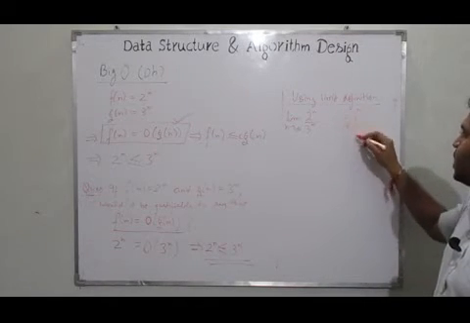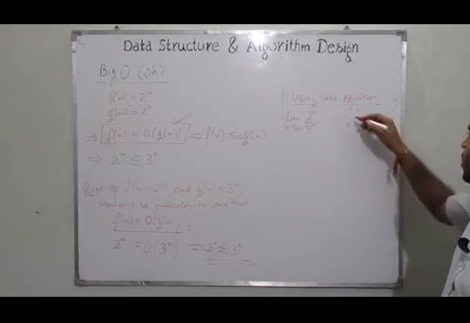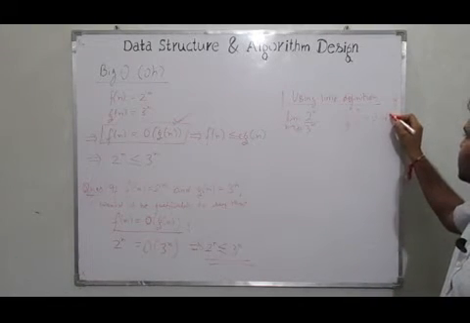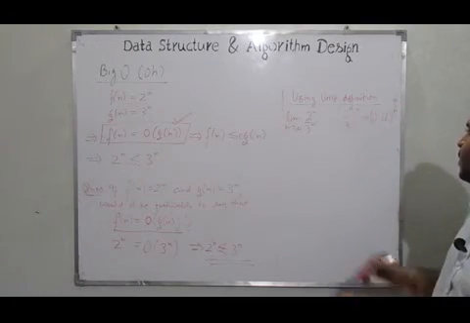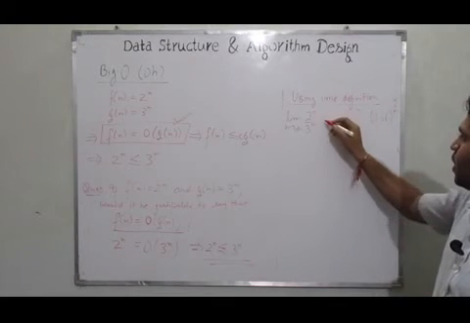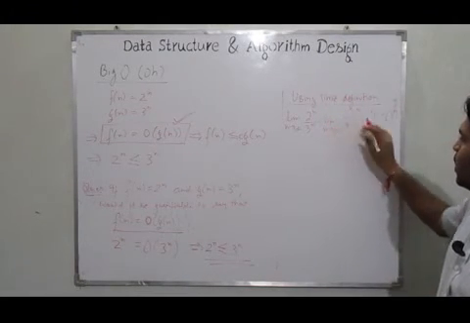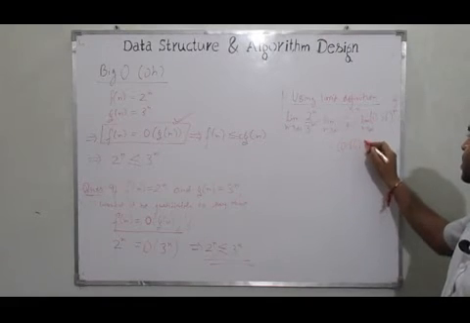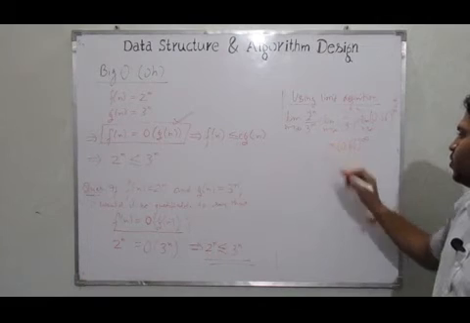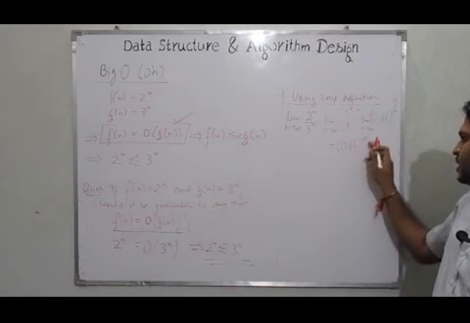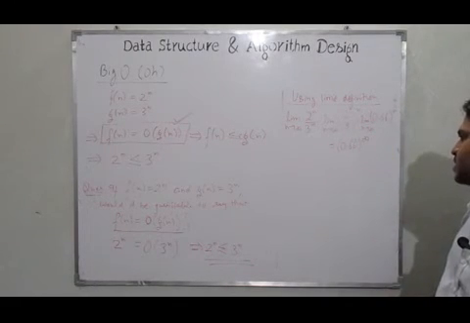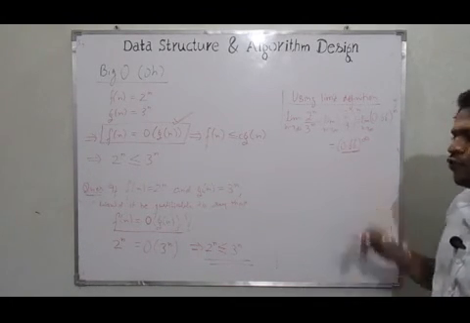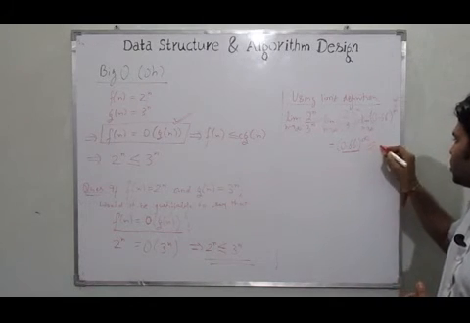And 2 by 3, if we solve it, what we would obtain would be something like 0.66 to the power n, and if we evaluate the limit, that means 0.66 raised to the power infinity, we can simply understand how small the value would be, and it would be much closer to 0.